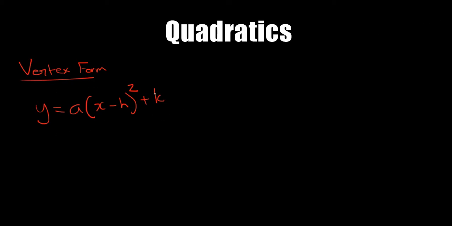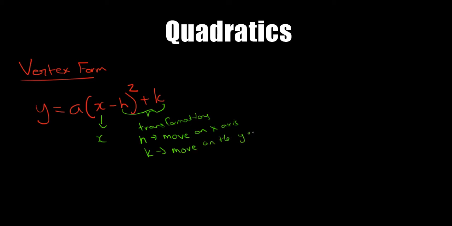So this is basically going to be your x, okay? These two over here, your h and your k, they form your transformations. Let me tell you what I mean by that. So h describes how far you move on the x-axis, and k describes how you move on the y-axis.